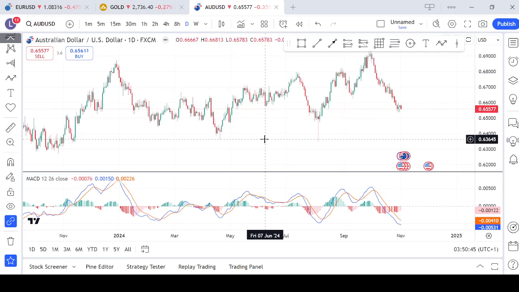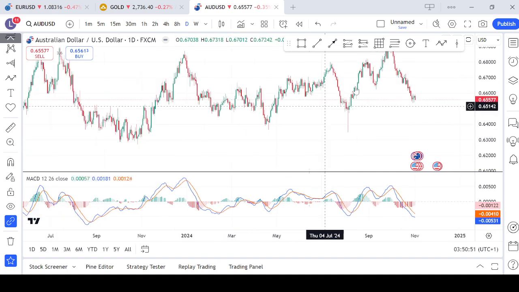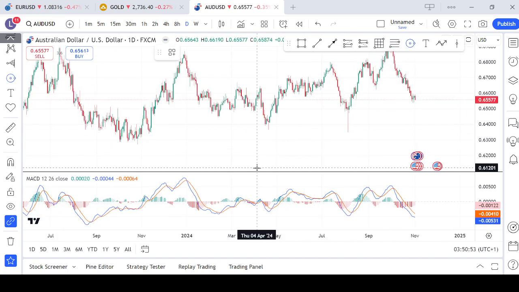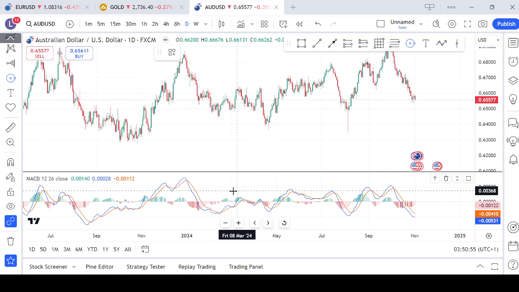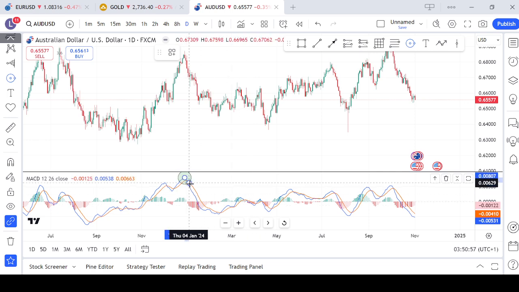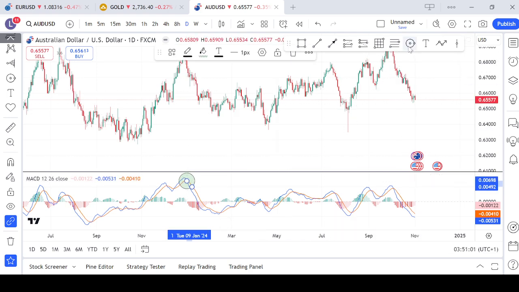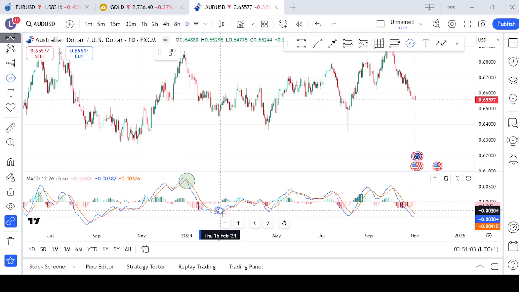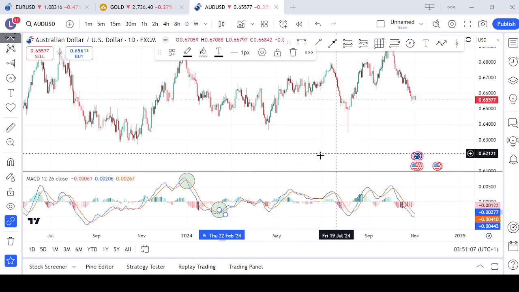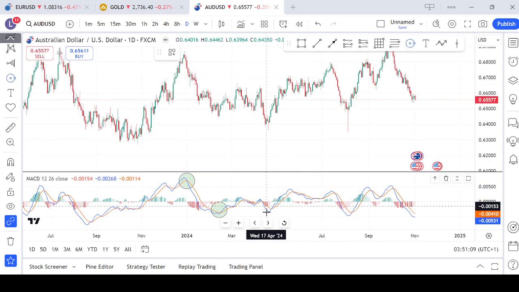The primary trading signals from the MACD occur when the MACD line crosses above or below the signal line. These are how the MACD generates trading signals.